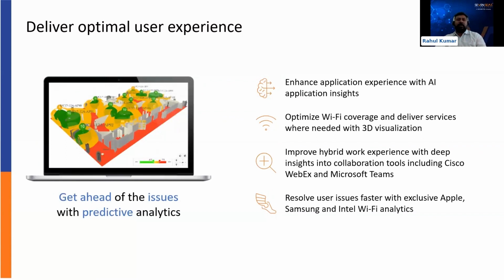So now, if you talk about delivering an optimal user experience, which is a must-required thing when we are setting up an IT infrastructure and you are on a journey to digital transformation, okay, it really matters. So Cisco DNA Center simplifies IT experience and helps deliver optimal end user experience. Okay. And application assurance provides IT with deep insights into performance and end user experience of the applications.